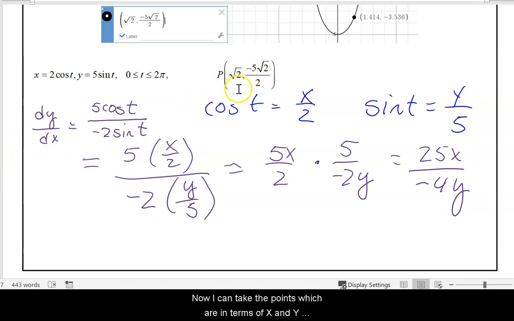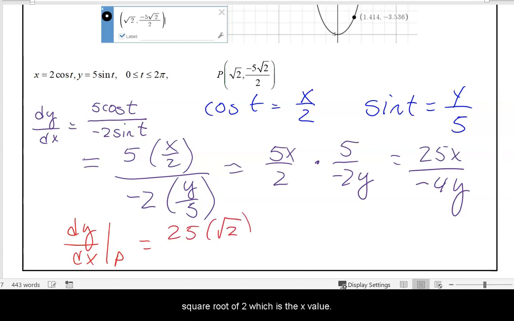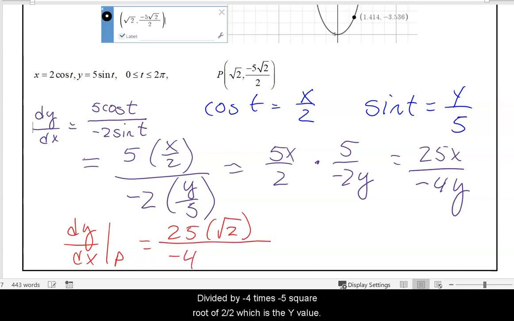Now I can take the points, which are in terms of x and y only, and replace them in this formula to see what value for the derivative I come up with. By doing that, I would get the following. dy/dx evaluated at our point P should give me 25 times the square root of 2, which is the x value, divided by negative 4 times negative 5 square roots of 2 over 2, which is the y value.